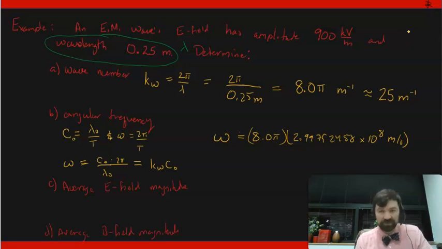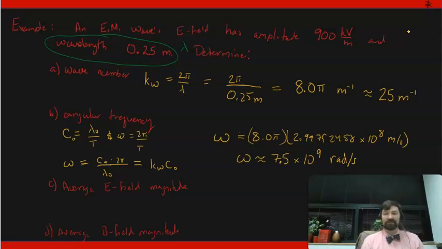So we could call omega approximately 7.5 times 10 to the 9 radians per second, or inverse seconds. That's a valid answer.